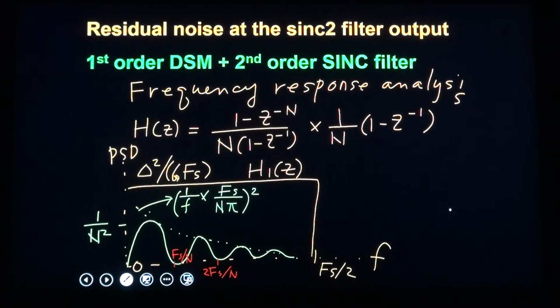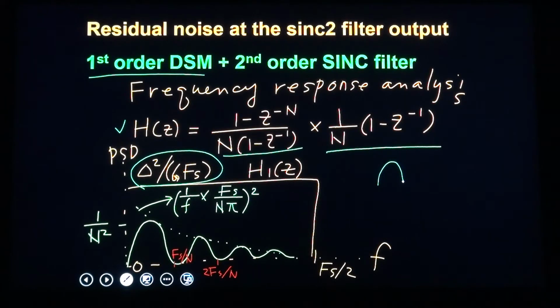Let's go to the frequency response analysis for the same circuit, the first order DSM followed by a second order sinc filter. The transfer function is here. This is the power spectral density of quantization noise at the DSM input, and then this part is H1(z).